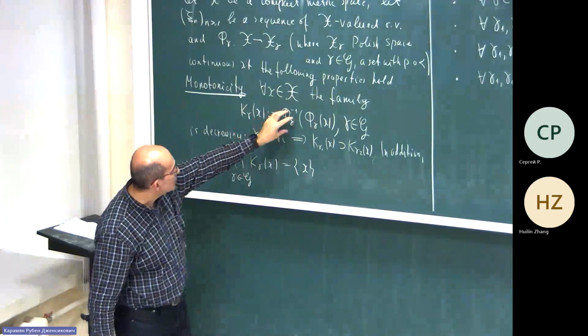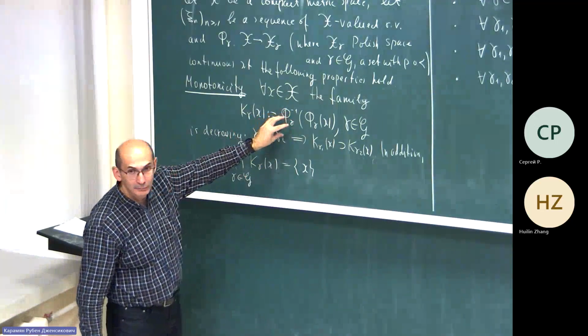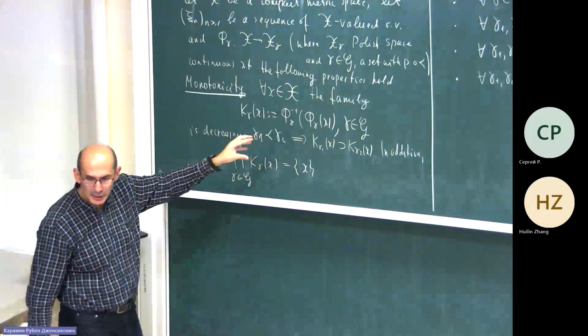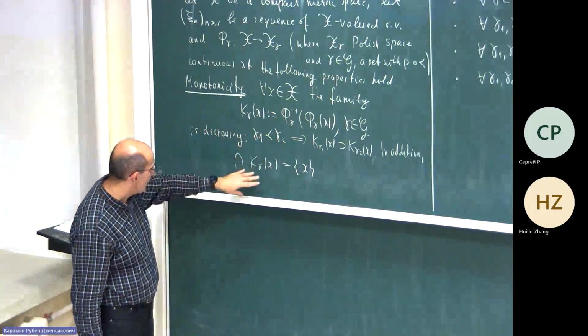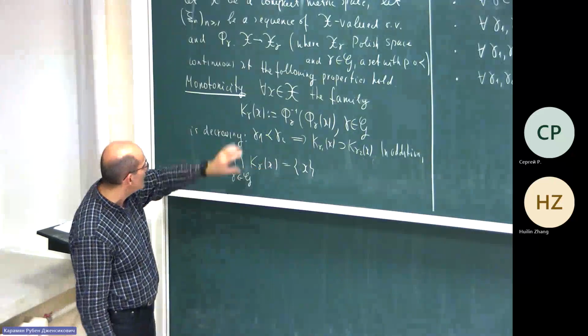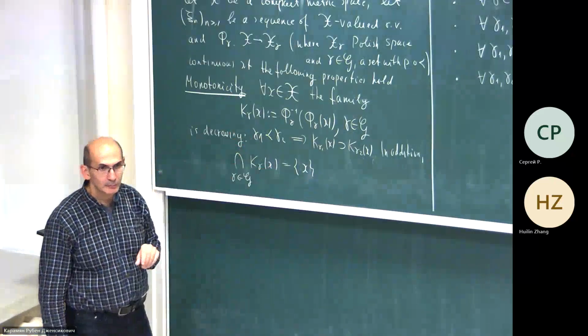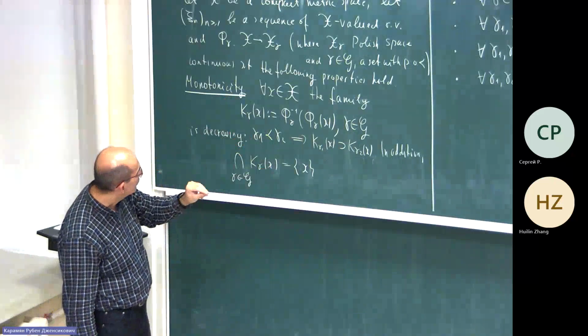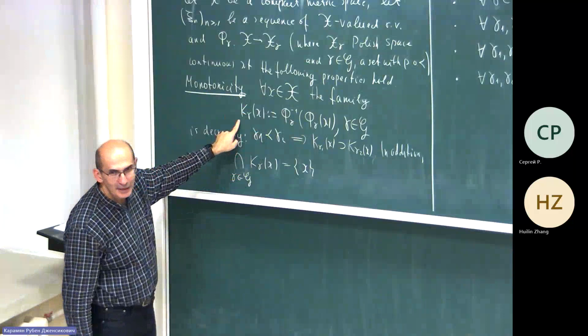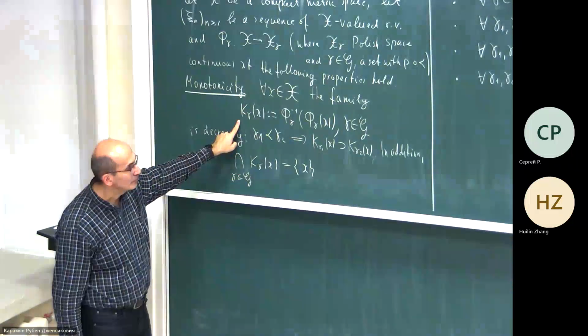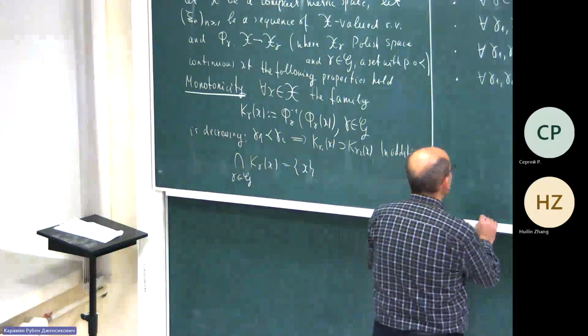You increase your gamma, this set gets smaller and smaller. In principle, in the intersection there can be many points. The hypothesis is that, in fact, there is only one point in the intersection. So this family is sufficiently rich. If you have a point, you can localize it by considering all the sets K gamma x. Now, second hypothesis.